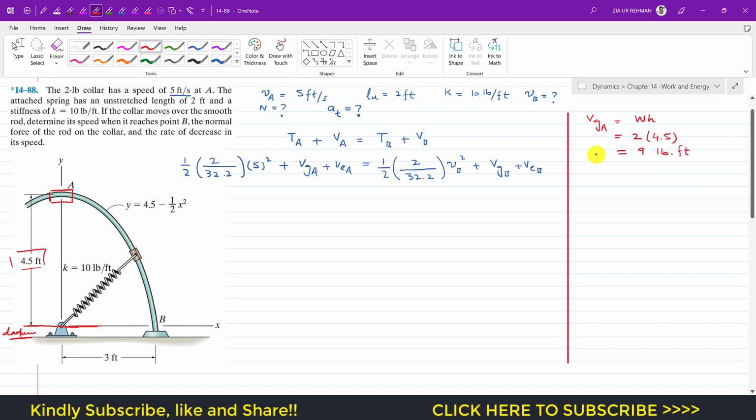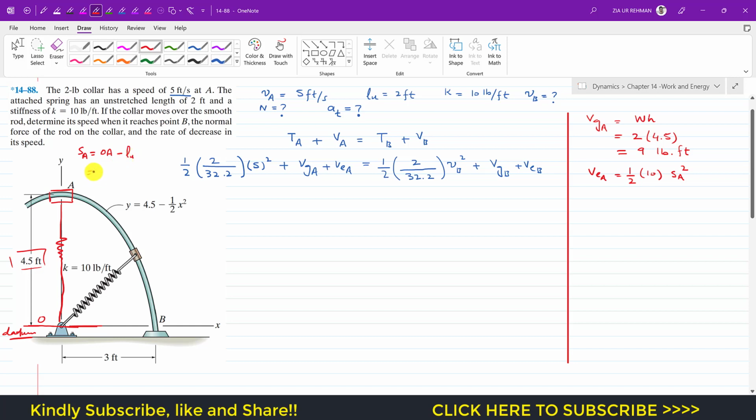Similarly, when the collar is at A, the elastic potential energy will be equal to 1 divided by 2, K value, K is 10, and the stretch in the spring when the collar is at A. So we have to find the stretch in the spring. That is, let's say, SA. So that is SA square. Now SA will be equal to the stretched length. Let's say that this is point O, so the stretch length is OA minus the unstretched length.